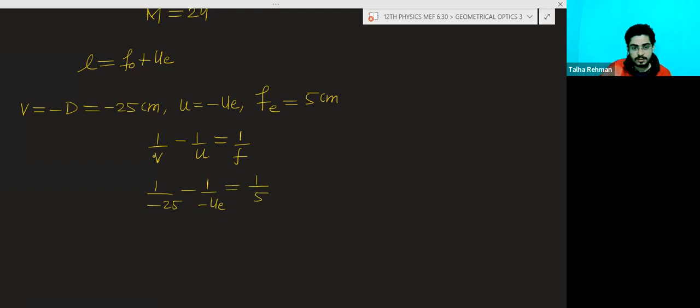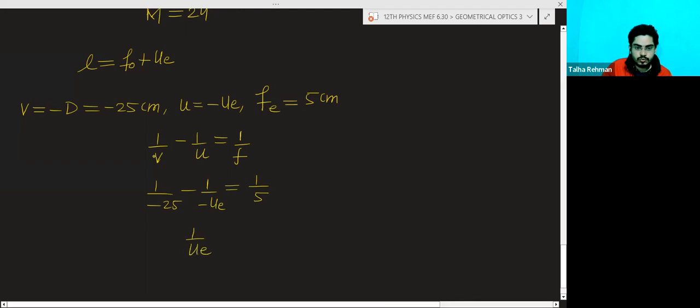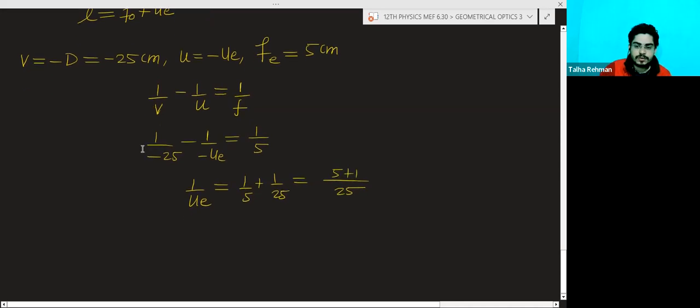So from here, you will get 1 upon UE is equal to 1 upon 5 plus 1 upon 25. Taking the LCM 25, 5 5s are 25, so it will be 6 upon 25. So UE is 25 by 6, and 25 by 6 is 4.166 centimeter.